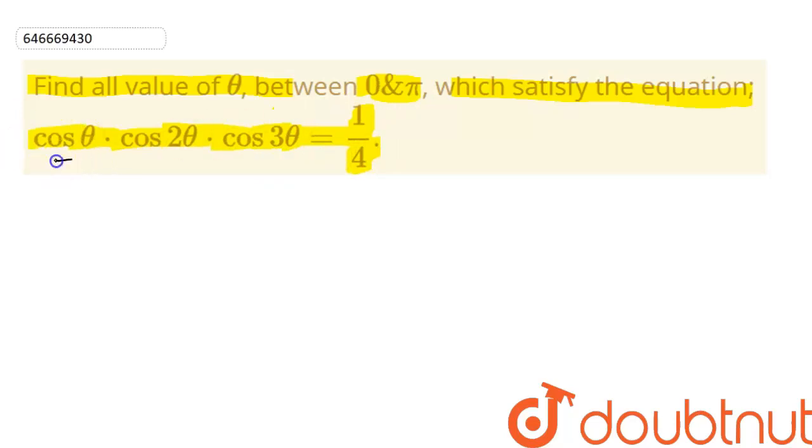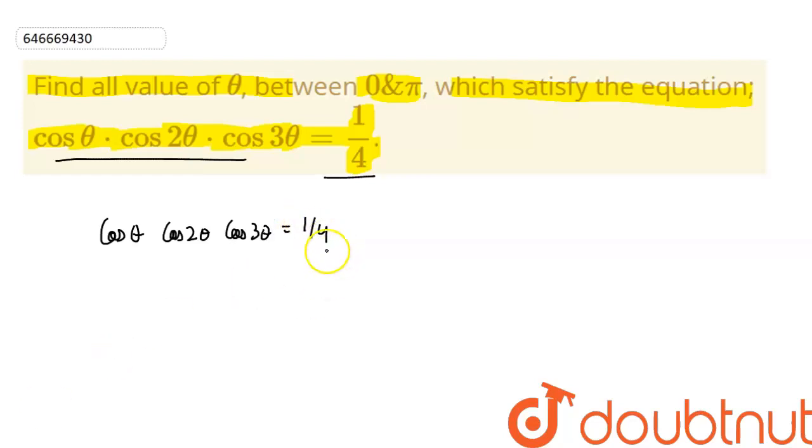So let us first consider the equality given to us in this question: cos theta times cos 2 theta times cos 3 theta is equal to 1 by 4. Now we are going to multiply the 4 from the denominator to the left hand side.